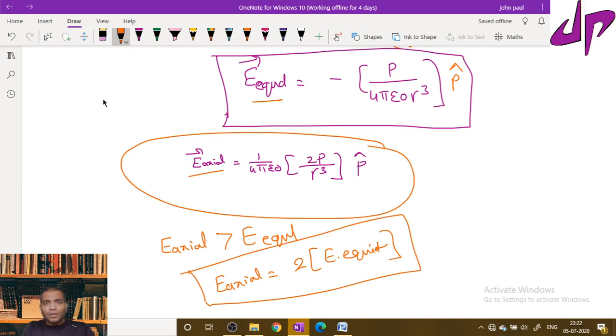And not only that, if you see the directions, in the axial case it is positive. It means the electric field direction and the dipole moment direction are the same in the axial condition.